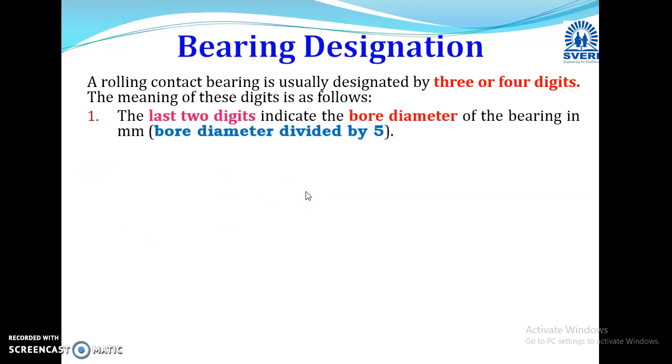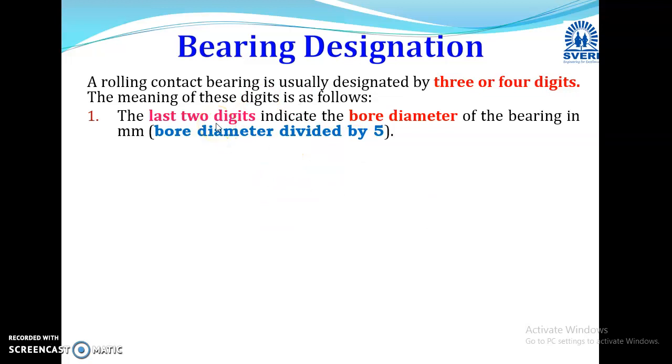So the 4 digit number is there. The last 2 digits indicate the bore diameter of the bearing in millimeters. Bore diameter divided by 5, very important. The last 2 digits do not directly indicate the bore diameter; whatever the bore diameter is, that divided by 5 is the number that appears there.